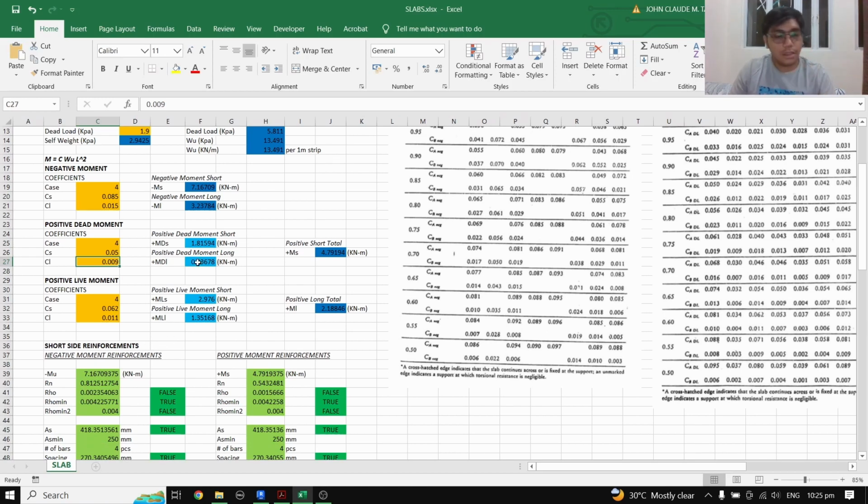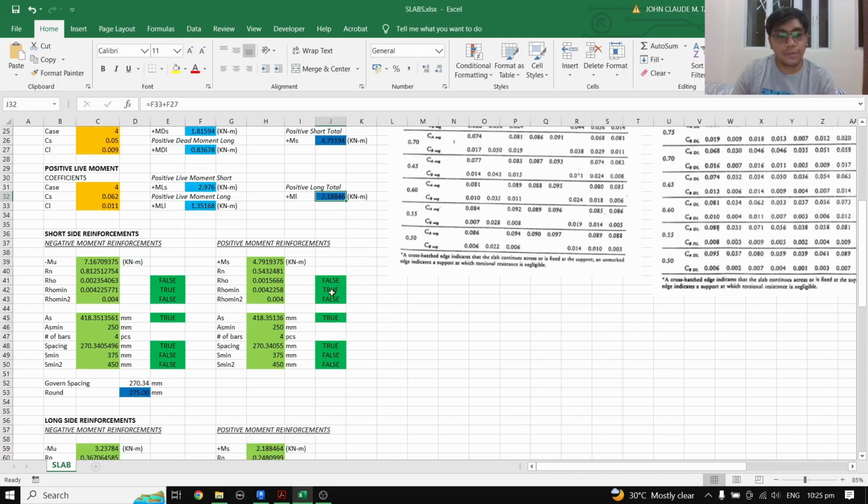Then after that, our negative and positive moments are automatically calculated, and the sum of the short moments and the long moments are also here, which will be used for the reinforcement calculations.